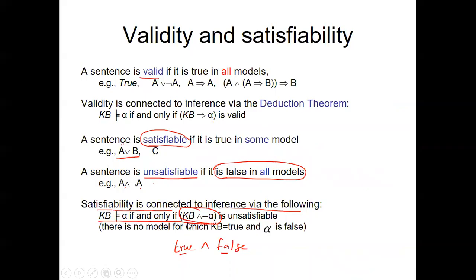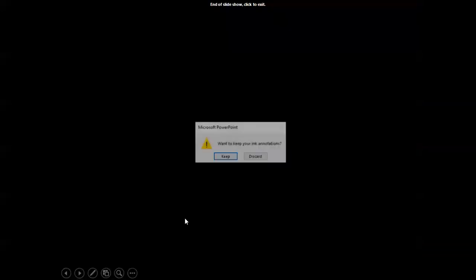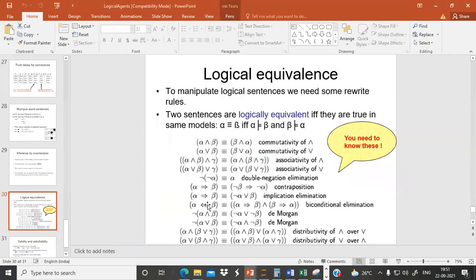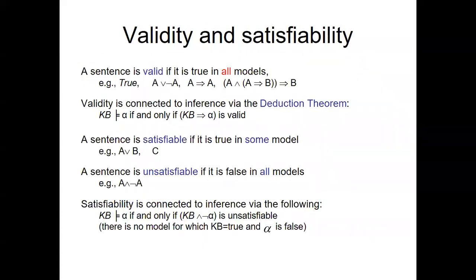So KB entails alpha if and only if KB and not alpha is unsatisfiable. That is, you are unable to satisfy that. What does unsatisfiable mean? It is false in all models, false in all cases.